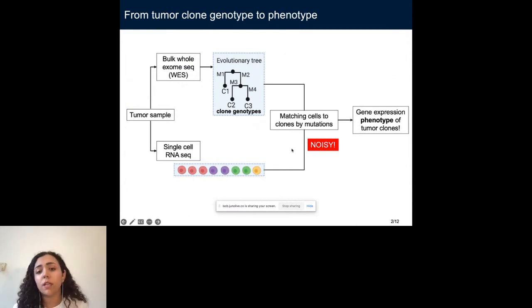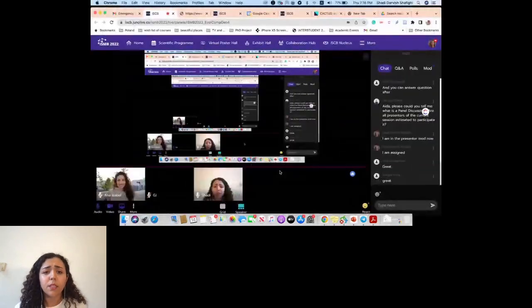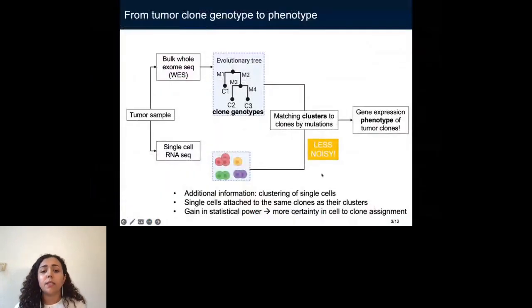So the solution that we had is that we clustered the single cells into some subgroups, and so we are using additional information of the clustering, and we are gaining some statistical power using this additional information. And all the cells inside one cluster can go to the one clone.